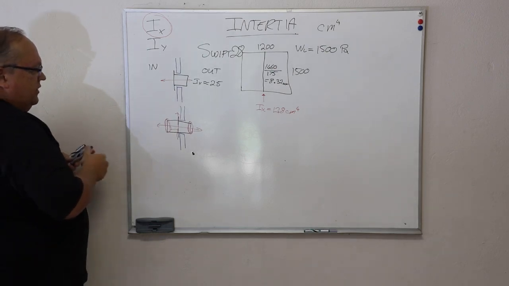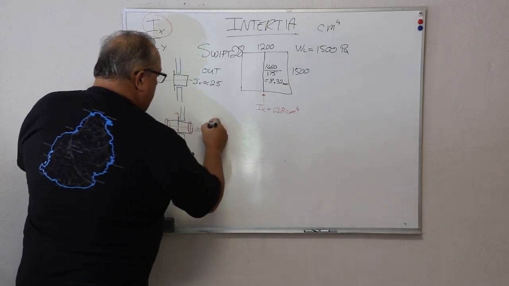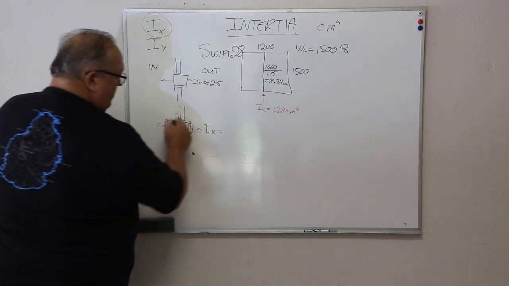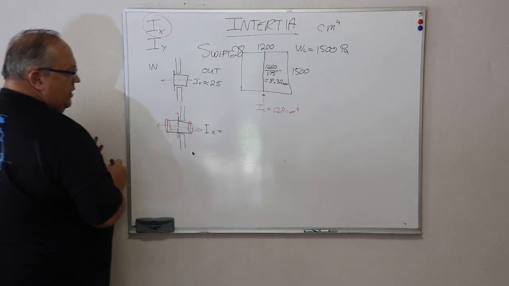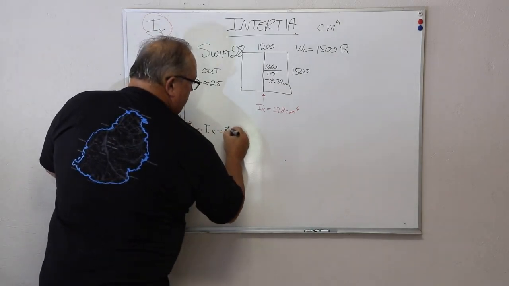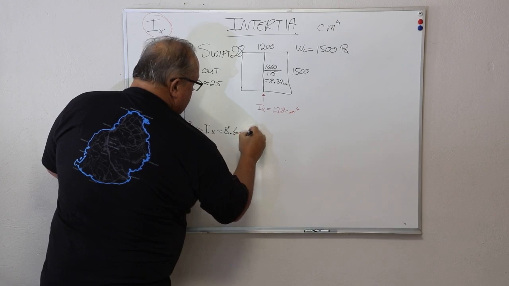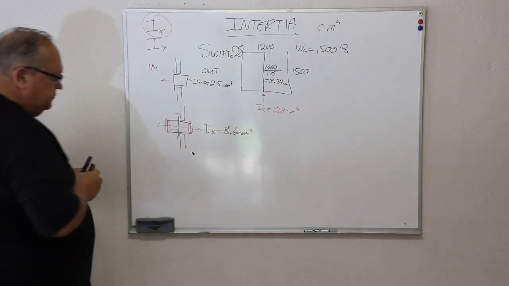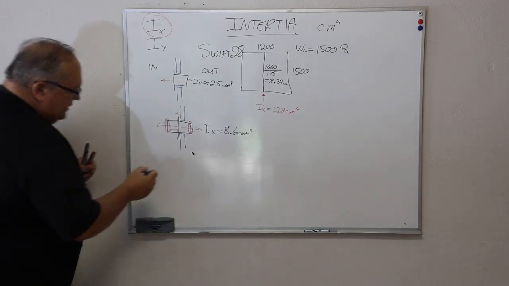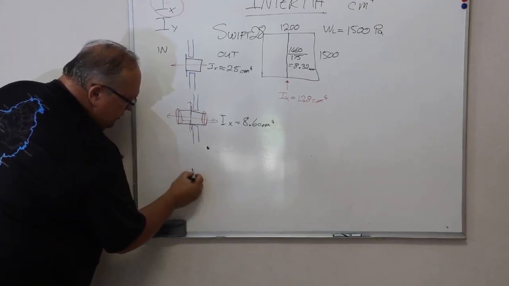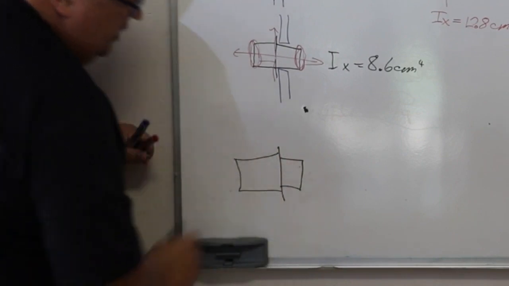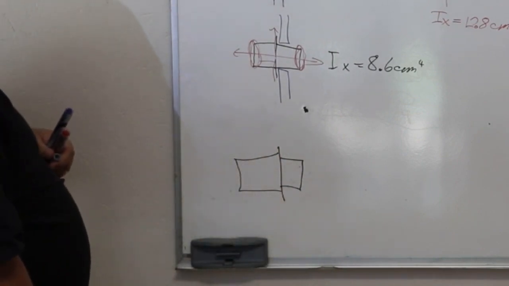So I might find that the Ix value for a 54 millimeter mullion is, let's say, approximately equal to 8.6 centimeters to the fourth. So it's also centimeters to the fourth. And then if I take a 70 mm mullion, what happens is that this profile grows towards the inside even more.